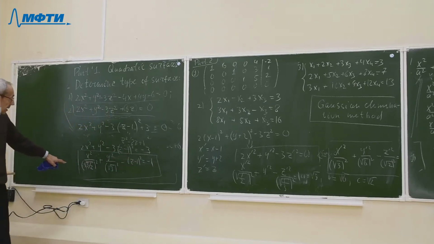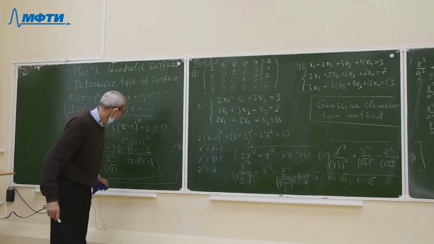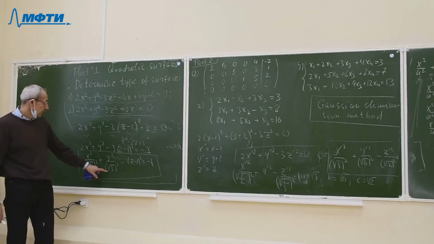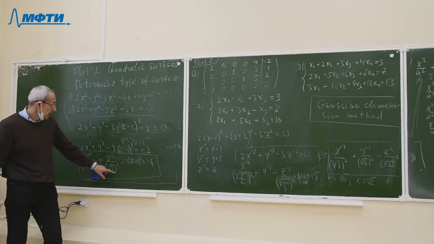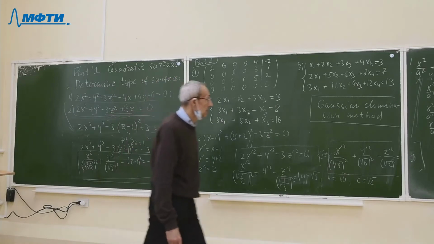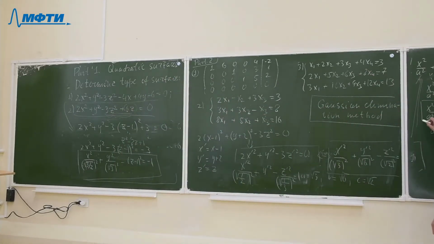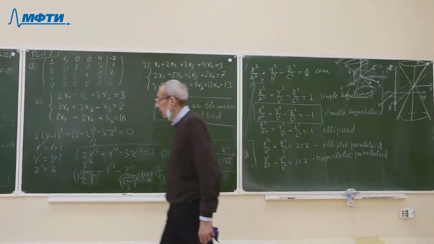In this case we obtain uniquely defined values for the parameters in this equation. A is equal to square root of c divided by 2, b is equal to square root of 3, c is equal to 1, and we obtain the equation for a double hyperboloid.